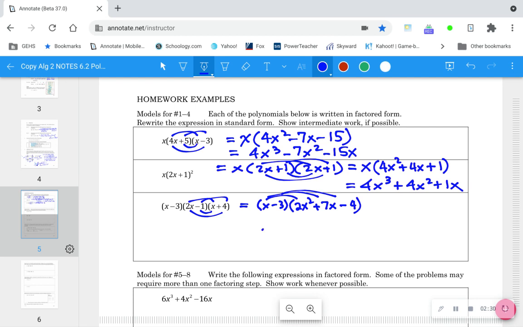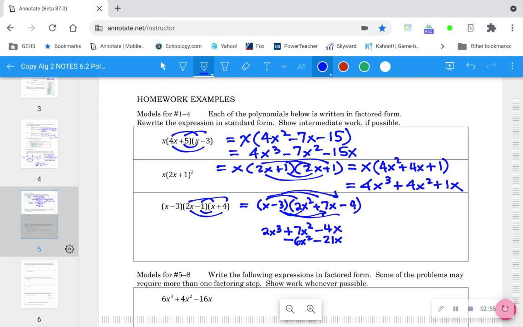So that's going to be 2x cubed on the first round, plus 7x squared when you multiply the second one. And then this one down here is going to be minus 4x. Now we multiply the negative 3 all the way down, which gives negative 6x squared. I'll line it up right there. And then minus 21x.